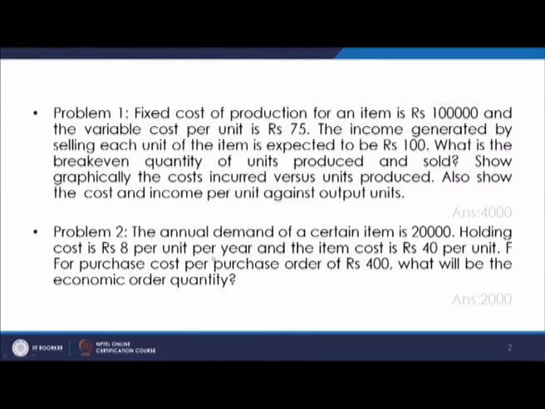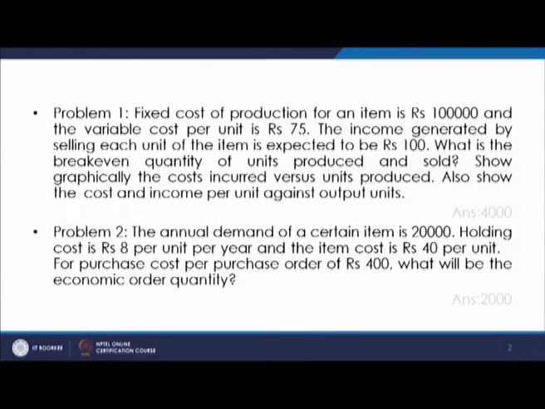For purchase orders, every purchase order is costing rupees 400. What will be the economic order quantity? For this we will have the formula, and we have to place the values of the given quantities, and we can have the economic order quantity.